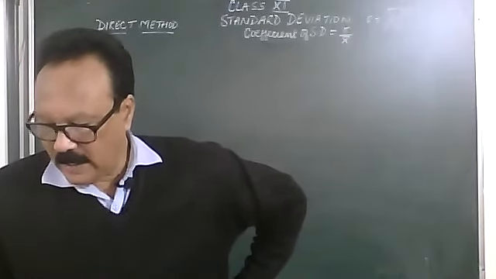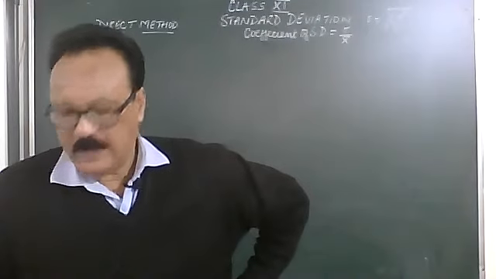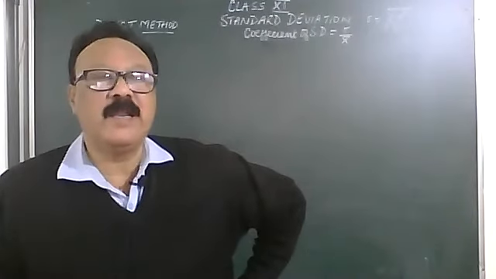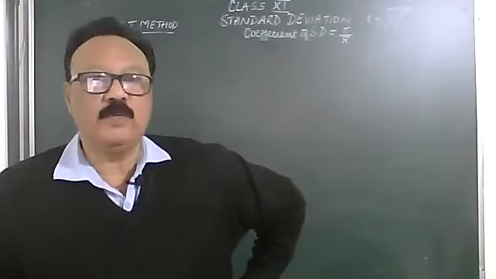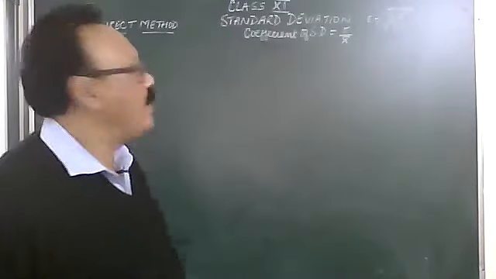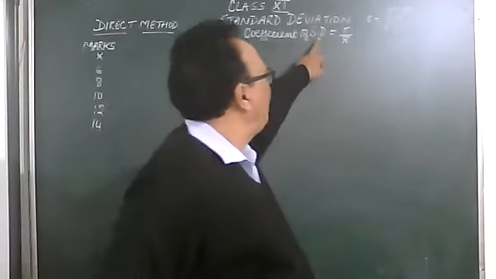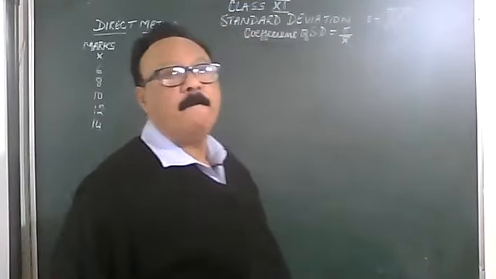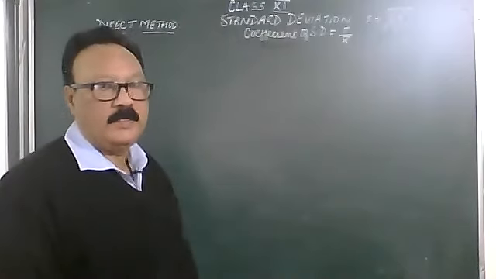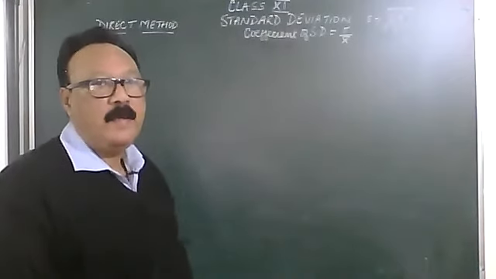But when they are in the same unit, it is expressed as an absolute measure of dispersion. The coefficient of standard deviation will be calculated by the formula standard deviation divided by mean.